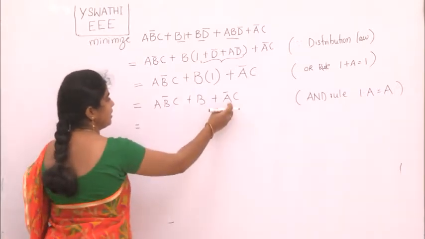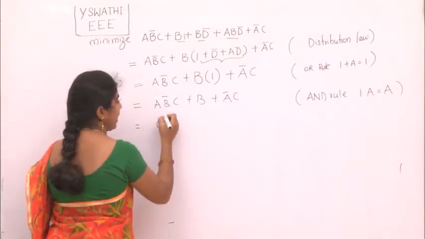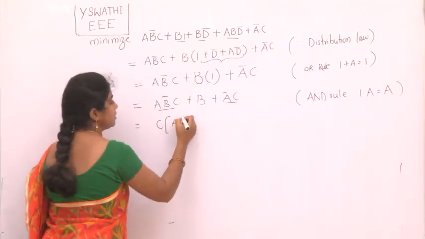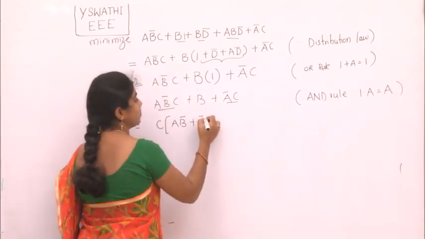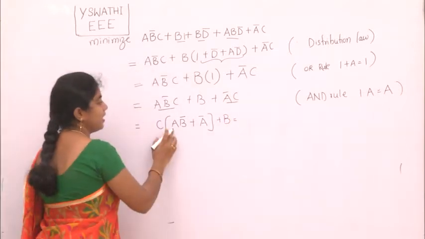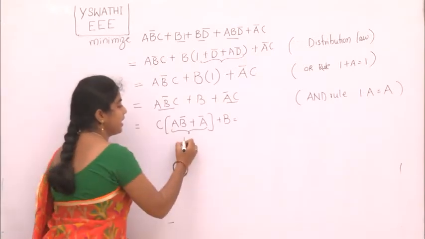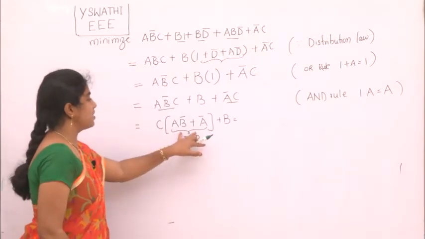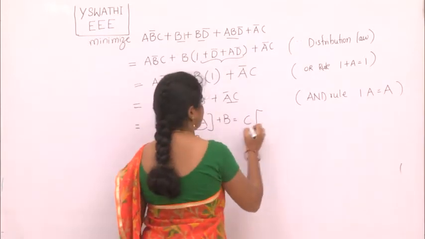Now in these two terms we can take C as common. If you take C as common from these two terms, the remaining variables are A B bar in the first term and A bar in the second term, plus B. And here, by the RLR, the redundant literal rule, we can reduce the term to A bar plus B bar. How? By using the distributive law again.